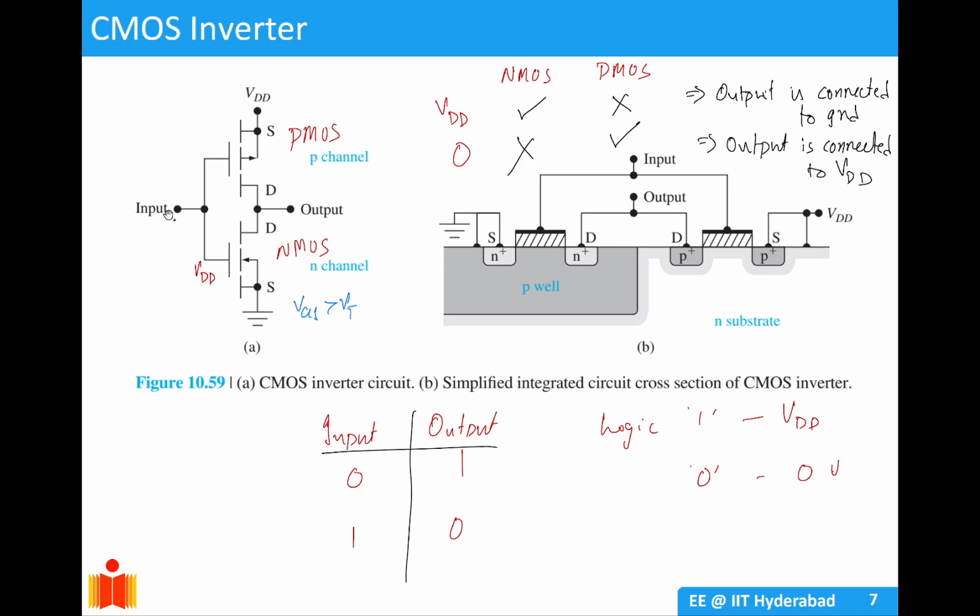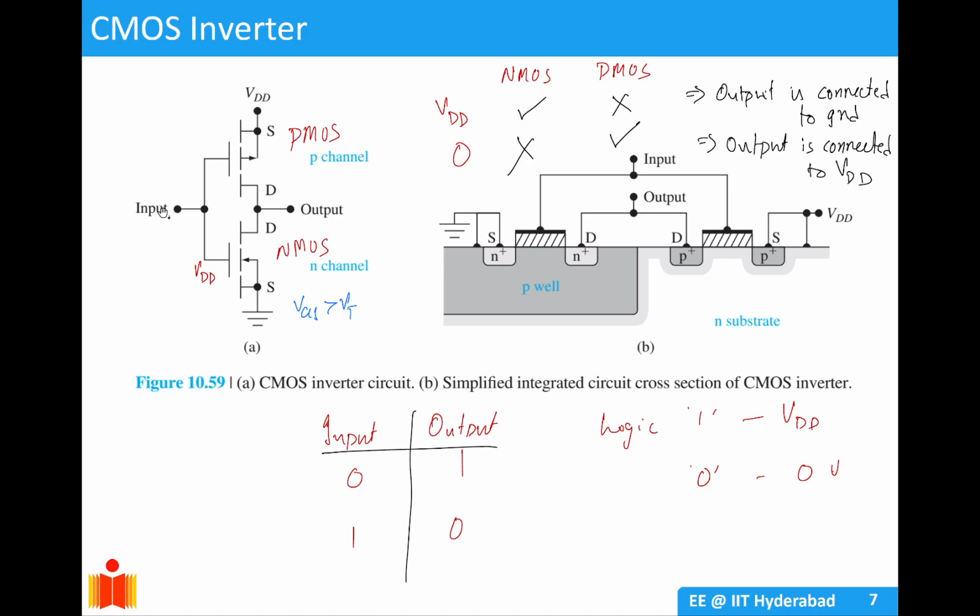And when I apply a high gate voltage equal to VDD, the PMOS sees a gate voltage of VDD and the NMOS sees a gate voltage of 0. Wait, the NMOS sees VDD and the PMOS sees 0, so the PMOS becomes off and the NMOS becomes on. That means my output is no longer connected to VDD, it is connected to ground, so the voltage at the output is equal to 0.